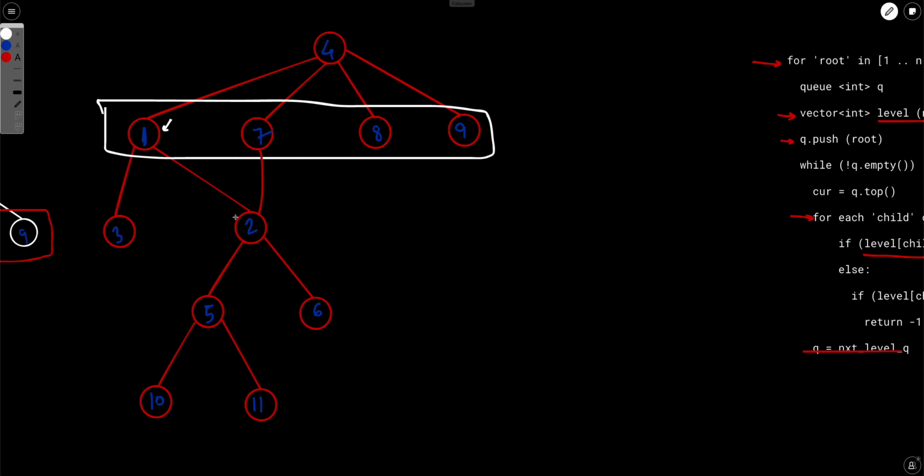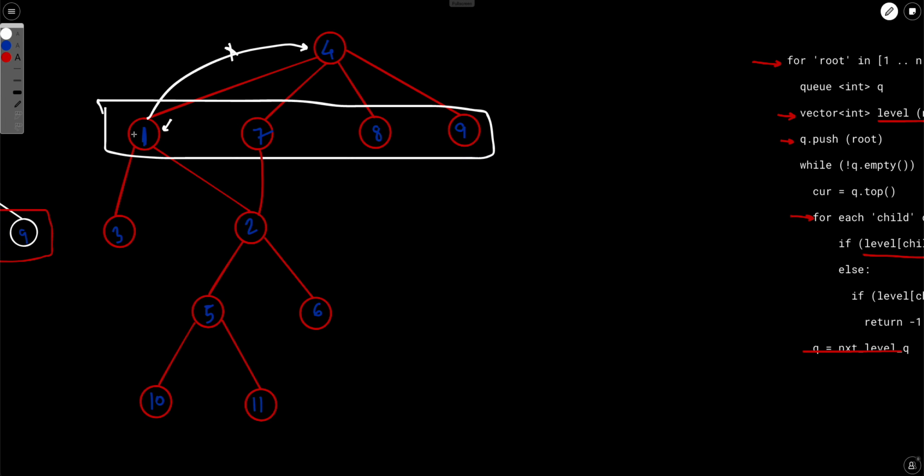First of all, the children of 1 include 4 as well, right? Because this is a bidirectional edge. So if a child of 1 is 4, you will say that okay, this is fine, this is my parent. If I am pointing to my parent, that is fine, I will skip this case.